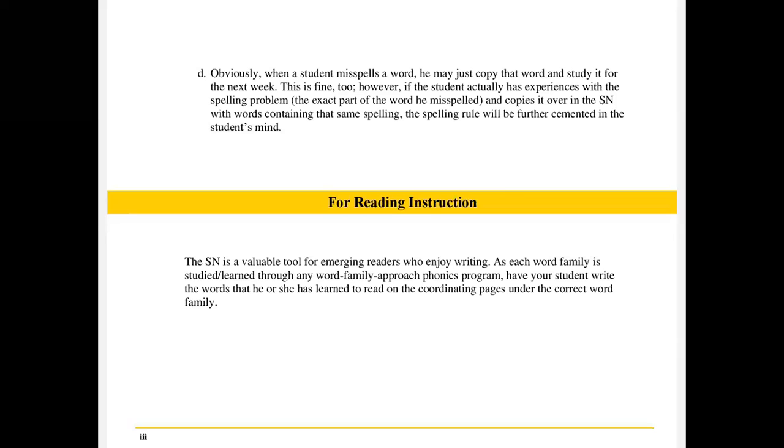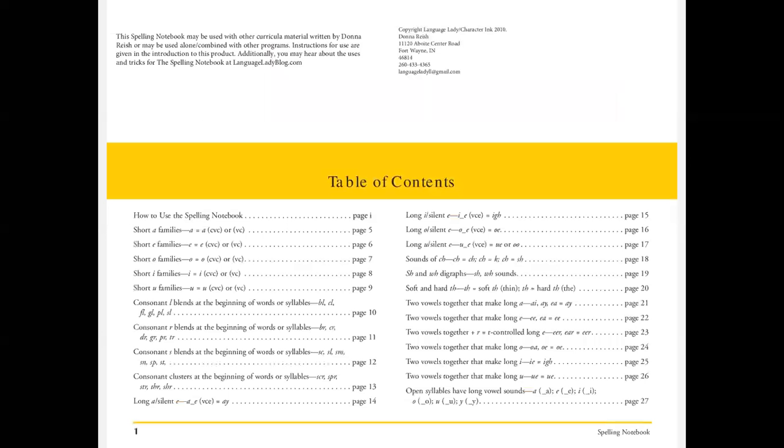Here on the table of contents page you can see the order: short A families, consonant blends, consonant clusters, long vowels with silent E, that's the VCE pattern, and then digraphs, and then two vowels together.